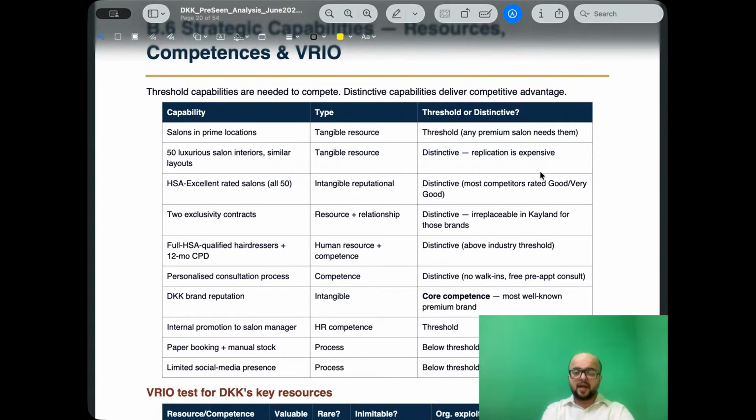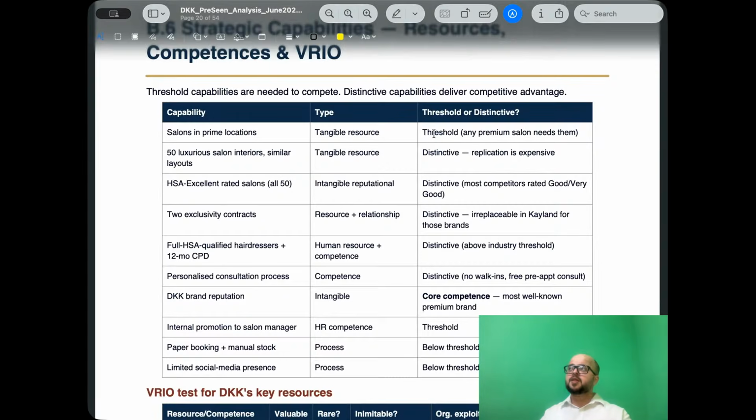What happens as an outcome is that your human resource capability keeps on getting revived, and this is above the industry threshold, by the way. Then internal promotion to salon manager, HR competence. So you are doing the bare basic here. See, when I say threshold, ये तो होना ही चाहिए, this everyone should have.